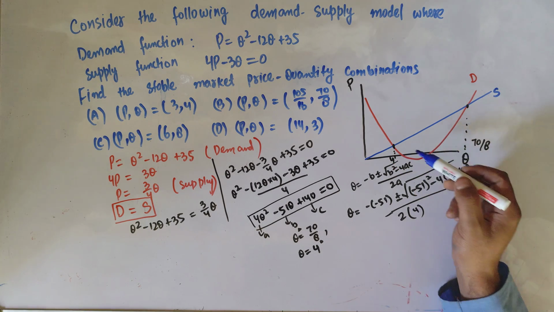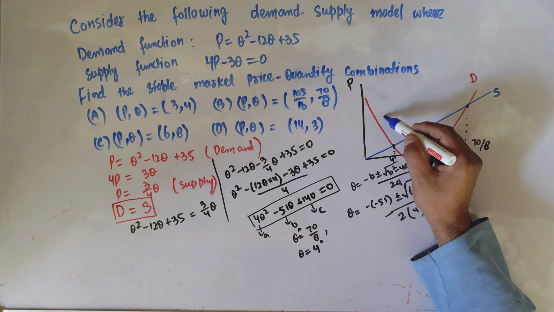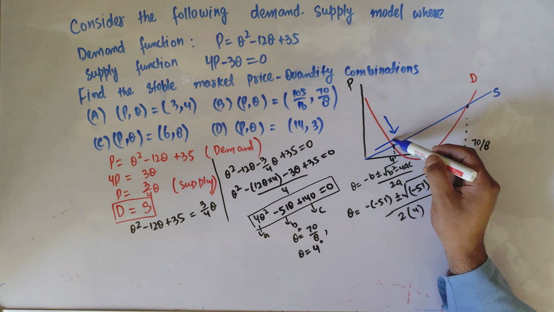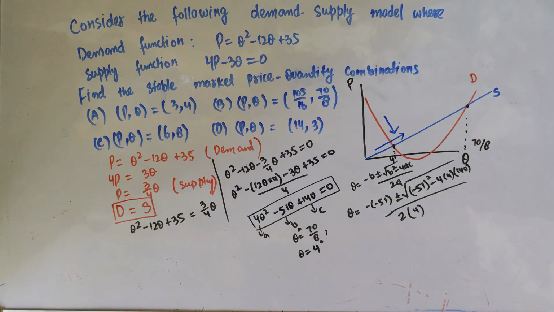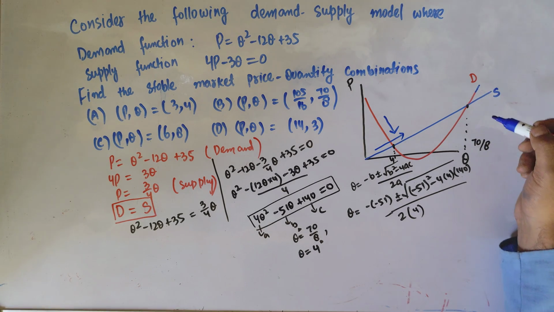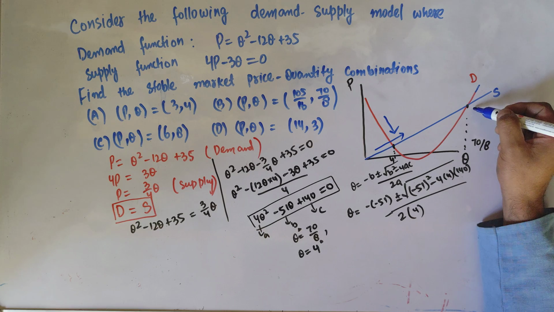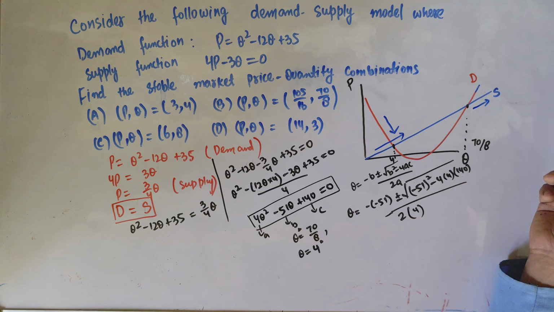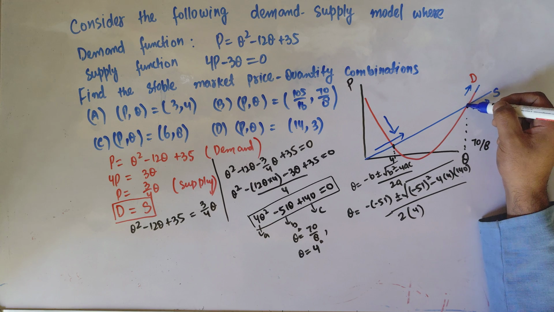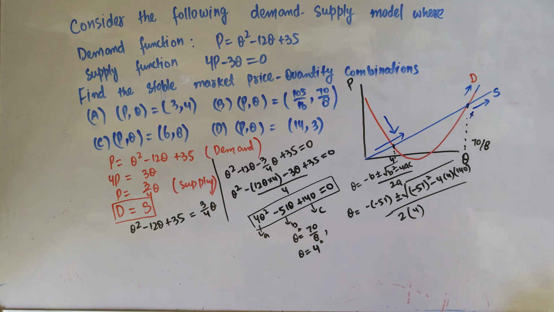At this point we have the regular demand curve downward sloping and a regular supply curve which is upward sloping. But at this point we have the regular supply curve upward sloping, but the demand curve is also upward sloping here.